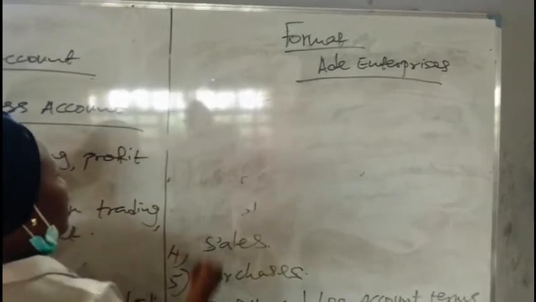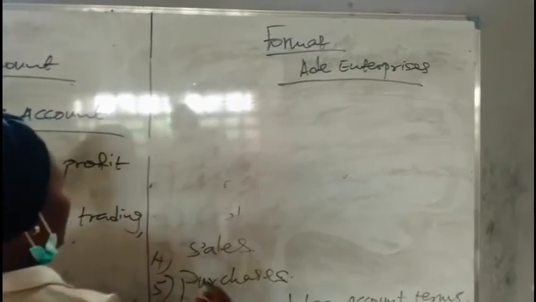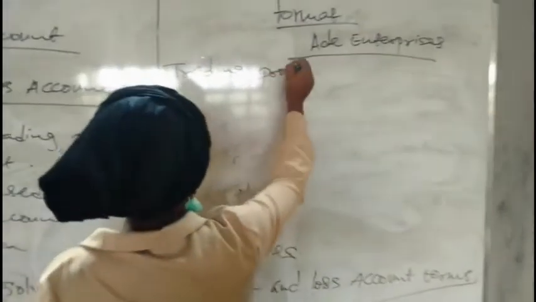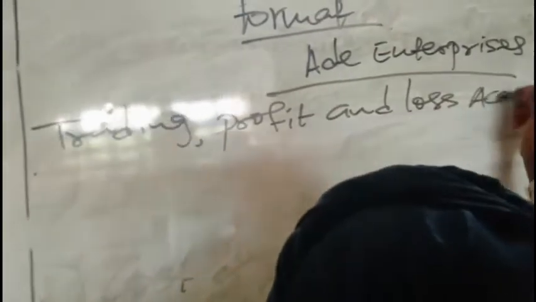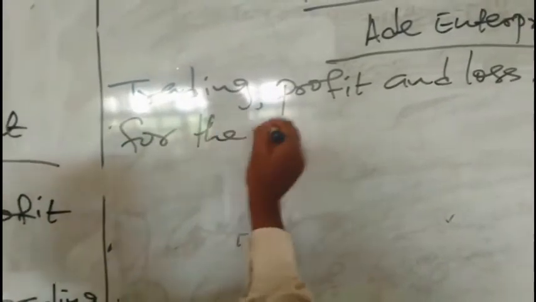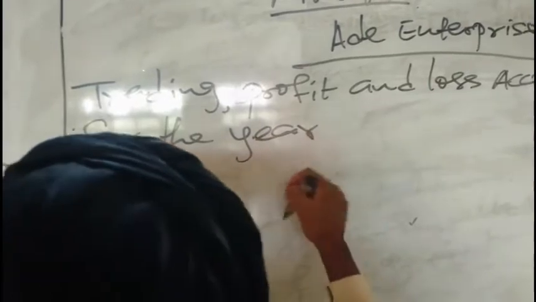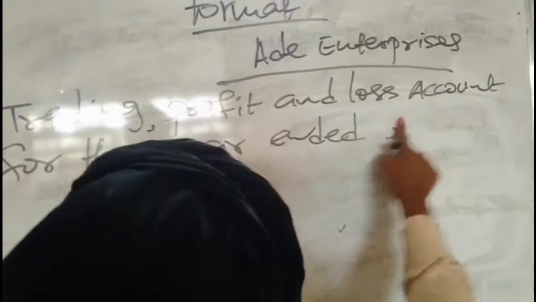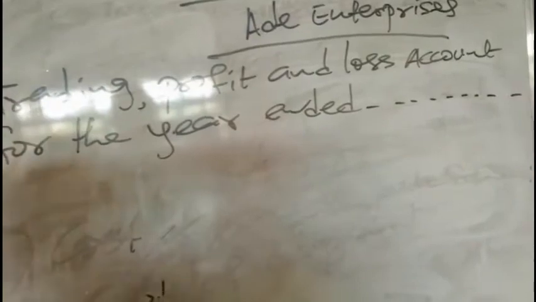The second step is for you to move to the heading. The heading is trading profit and loss account for the year ended. Whatever year and month is given to you is left for you for the year ended.